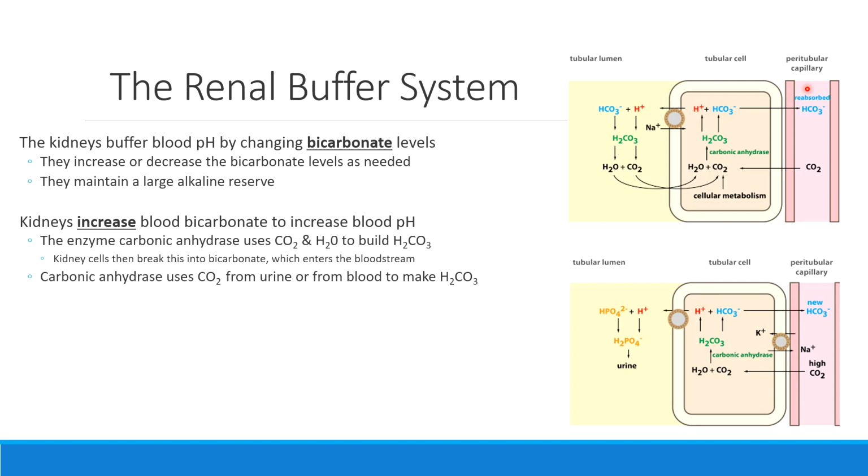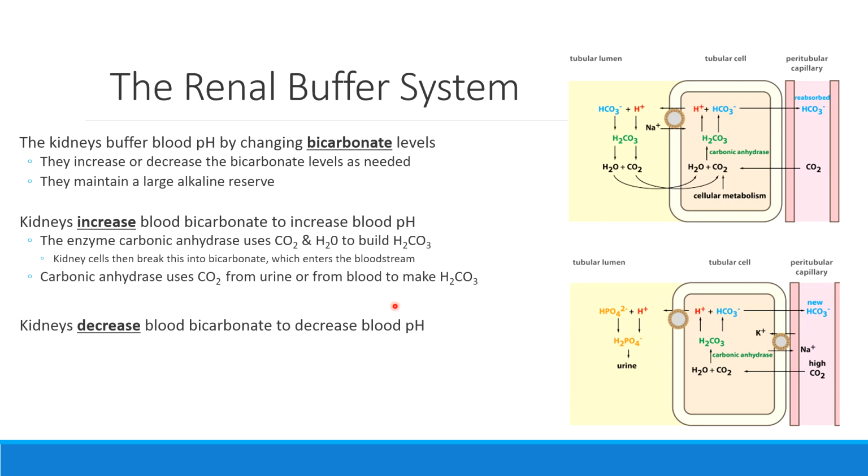But sometimes when carbonic anhydrase is building new bicarbonate, it's actually taking carbon dioxide from the bloodstream into the cell, using that to build the new carbonic acid, which will split into bicarbonate. When we use carbon dioxide from the bloodstream, this is actually a way of building completely new bicarbonate. Never in its little life cycle were these carbons part of a bicarbonate. So this new synthesis of bicarbonate is going to help us build that alkaline reserve.